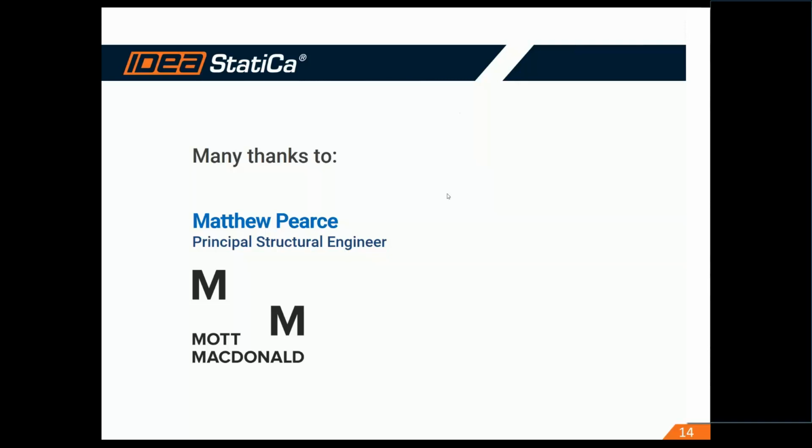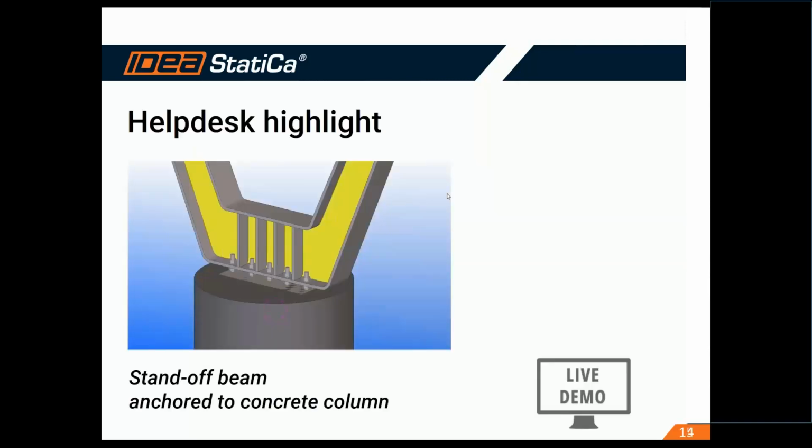And let's move on to the second part, which is the HelpDesk highlight. So today's example is the joint that you can see in this slide. This example was sent to us by one of our clients.